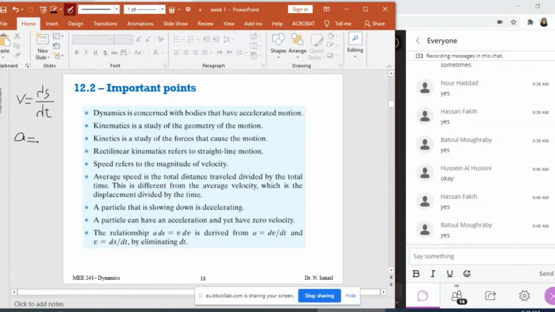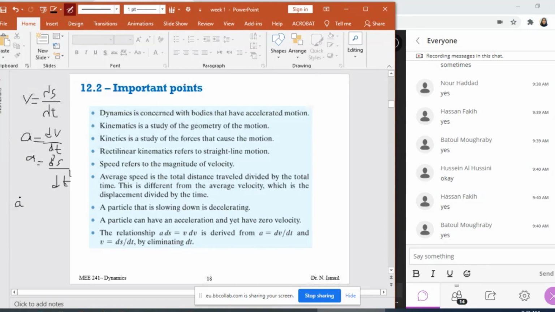And that a = dv/dt, and it's also equal to d²s/dt². And the last one, which is independent of time, and that I have derived in one of the videos, is that a ds = v dv. All right. Now, how to choose between them, we're gonna see, guys. We're gonna see how to choose between them.